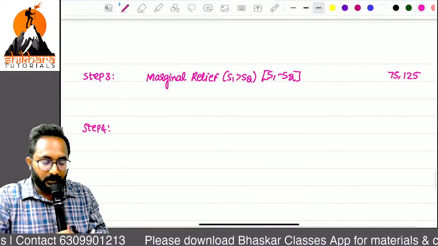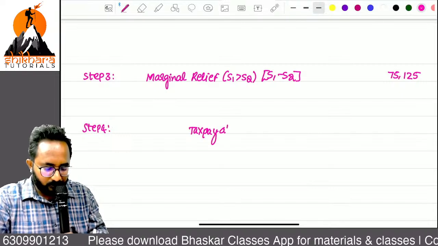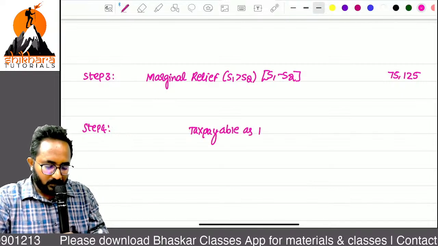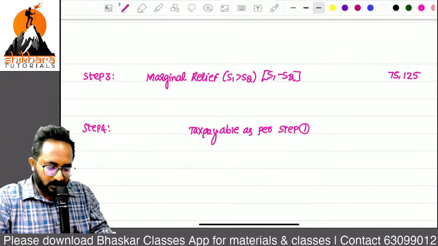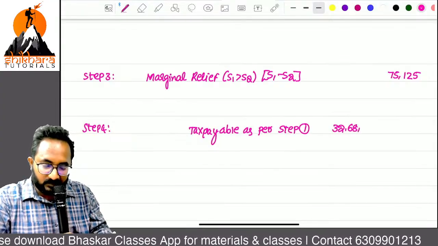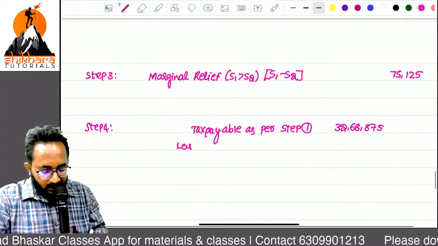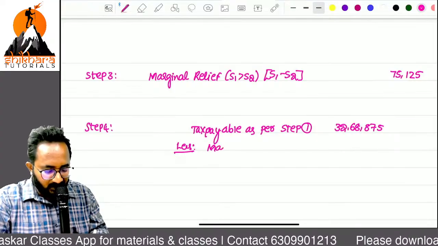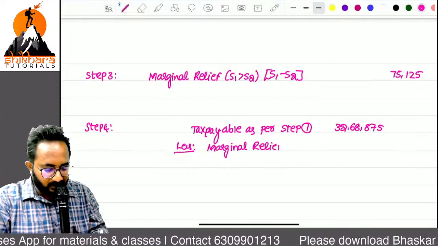So can you tell me the tax payable as per step 1? 32,68,875. Less, they are providing marginal relief here. You know already marginal relief is in which step? Step 3.